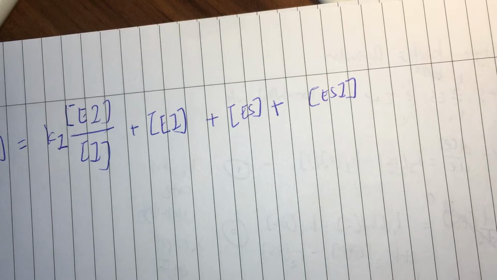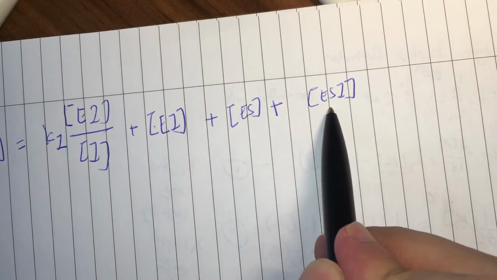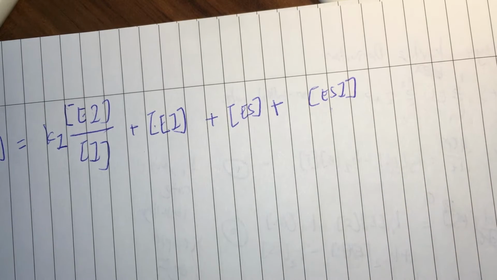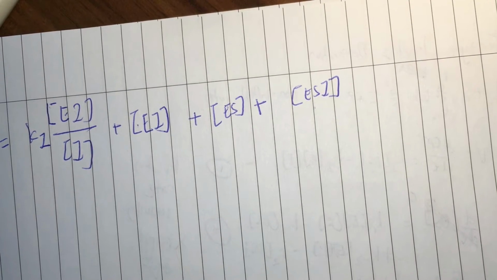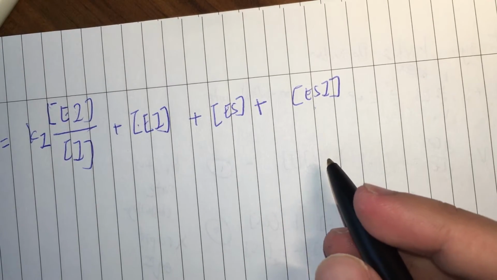So now we'll have two more terms to get rid of, this EI term and this ESI term. What can we do? We can get rid of the ESI term first.